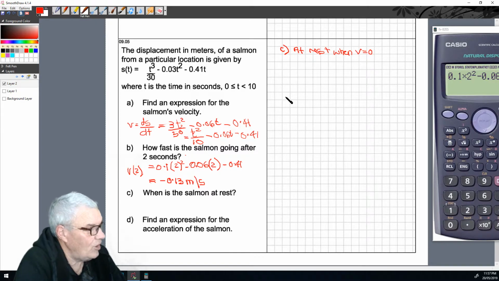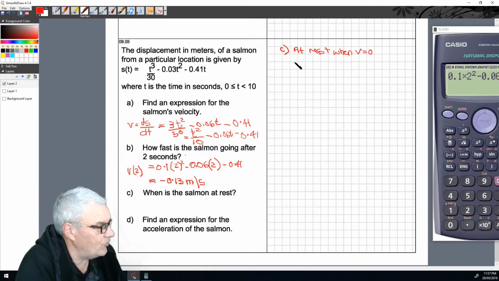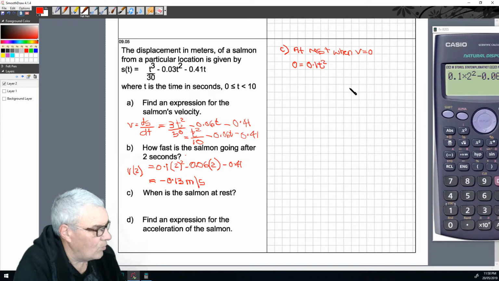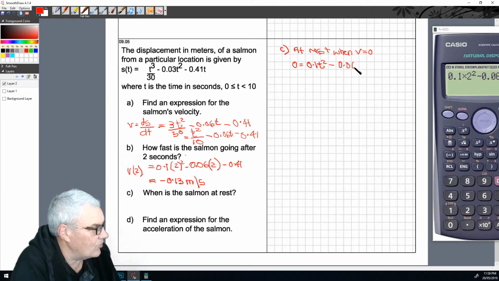So we get 0 equals 0.1 t squared, 1 over 10, 0.1 t squared, minus 0.06 t minus 0.41.